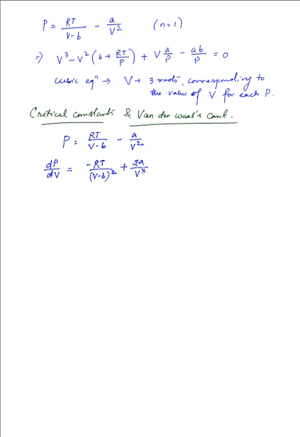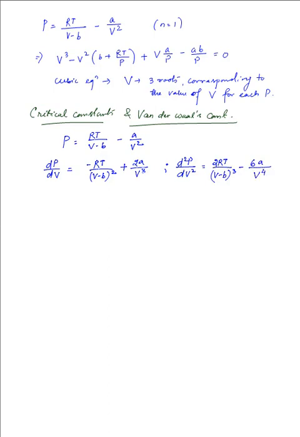Differentiating that further, we get d2P over dV squared equal to 2RT over (V minus B) cube, and this one now becomes minus 6A over V raised to the power 4.